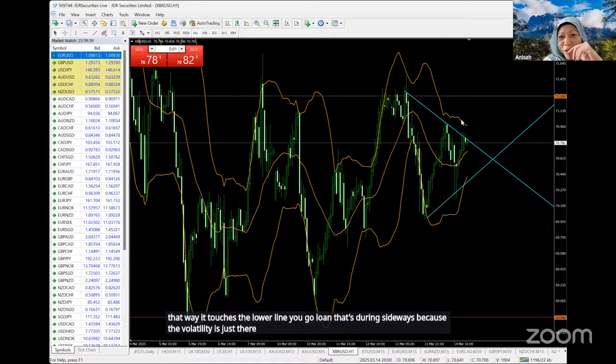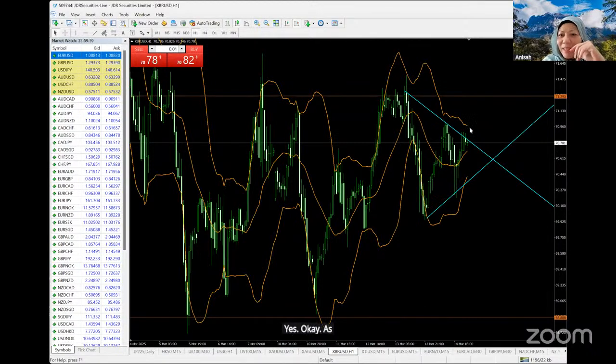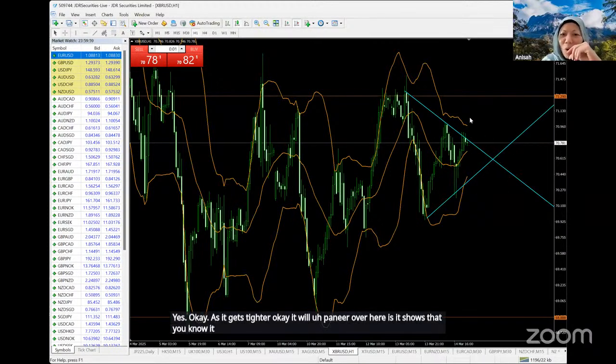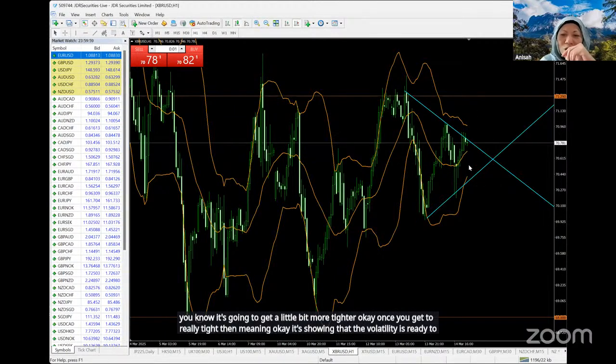If you notice, the Bollinger Band is narrowing here. As it gets tighter, it shows that it is going to get a little bit more tight. Once it gets really tight, it's showing that the volatility is ready to change the trend.